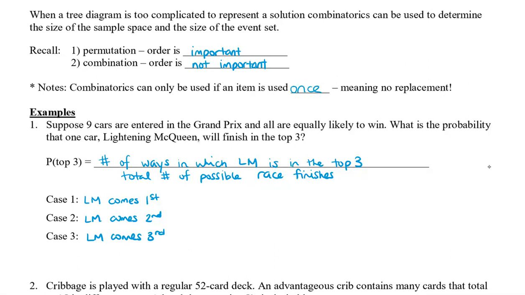If he comes first, that means that the other cars can be permutated because order is important, 8 factorial ways.